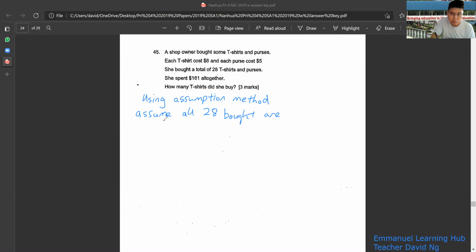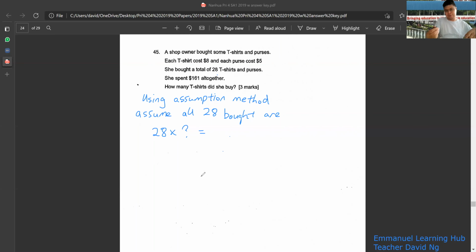Okay, the hint is on the board. So you assume all 28 boards are purse or t-shirt? Purse.